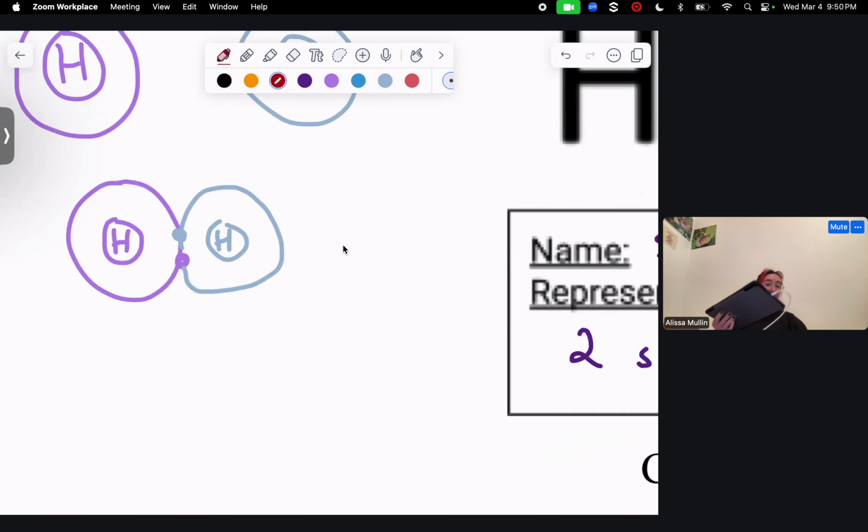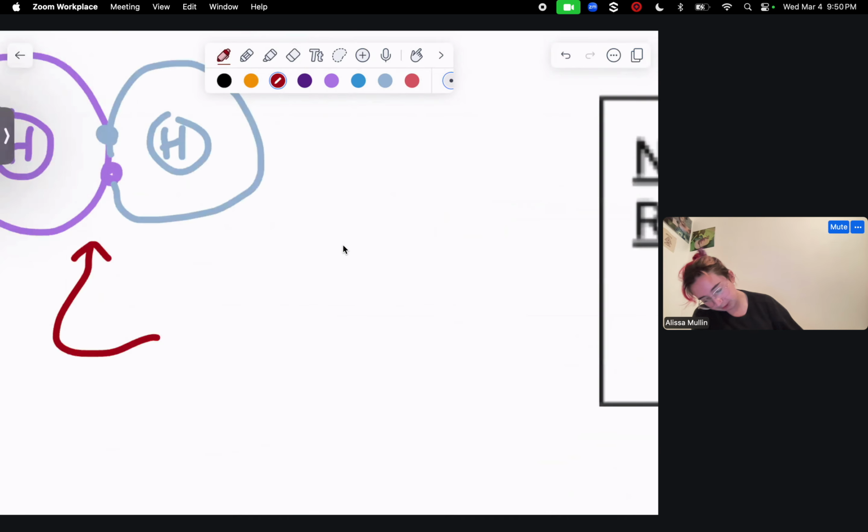That's okay, because that first ring, that only ring hydrogen has, only fits 2 electrons. So that's why hydrogen is one of our main exceptions here.